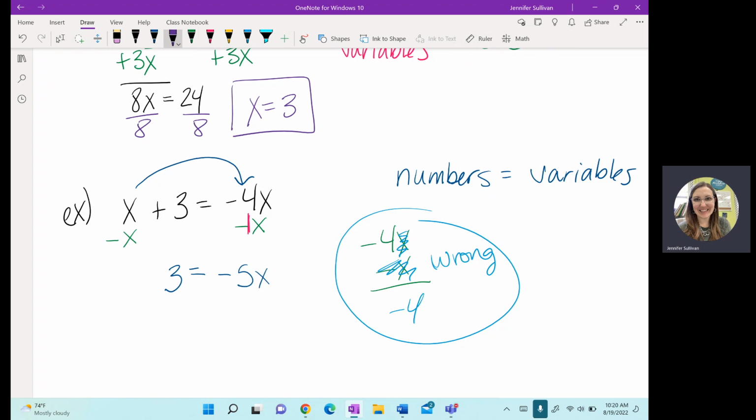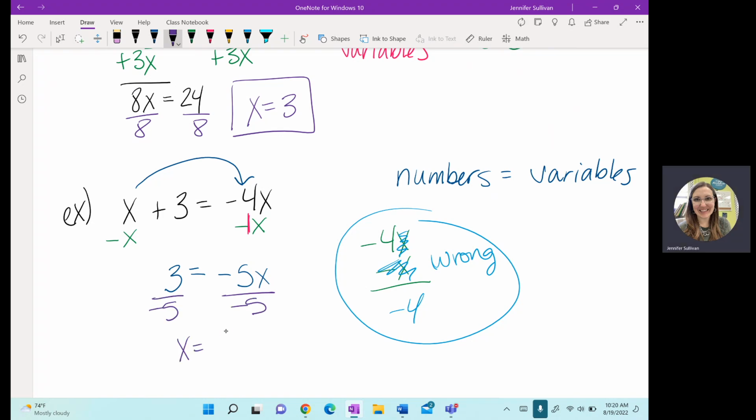Next, we will get x by itself. So come over here and figure out, do I need to add 5? Nope, not this time. Because this time I'm taking negative 5 times x. So I have to undo the multiply, and I do that by dividing.